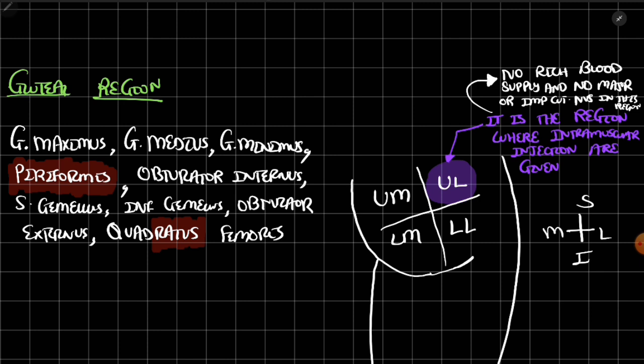Since there is no rich blood supply and no major nerves in this region, the upper lateral quadrant is the most preferred quadrant where intramuscular injection should be given.